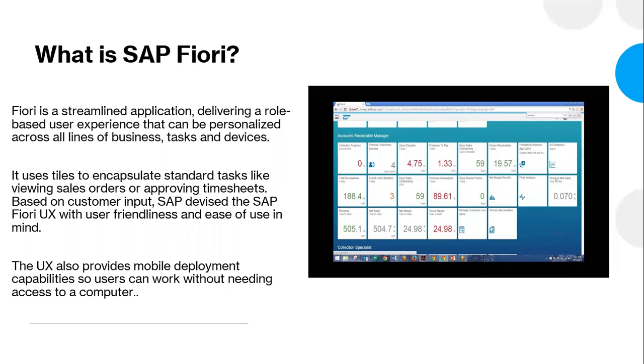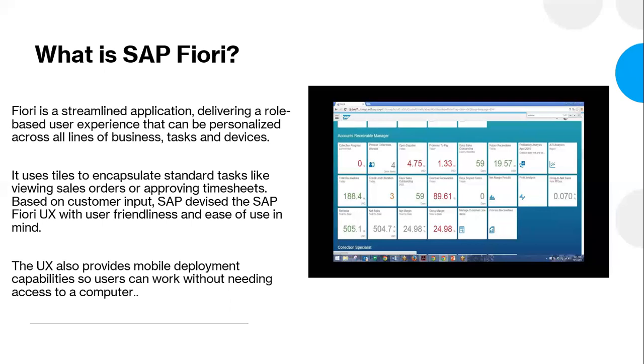Now, Fiori is a streamlined application delivering a role-based user experience that can be personalized across all lines of business, apps, and devices. So it's a role-based user experience. Let's say in an organization, you're in finance, Fiori can be designed to give you finance functionalities depending on your role.